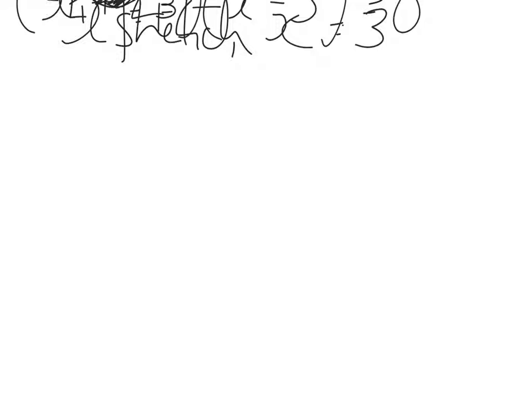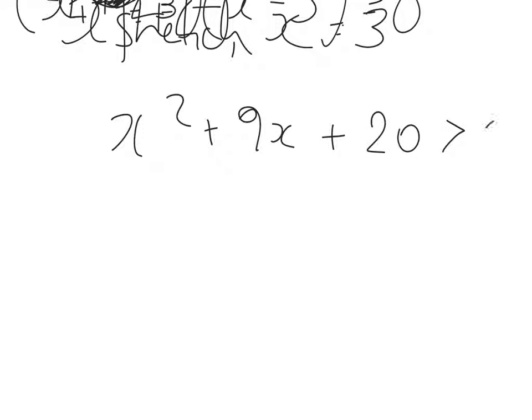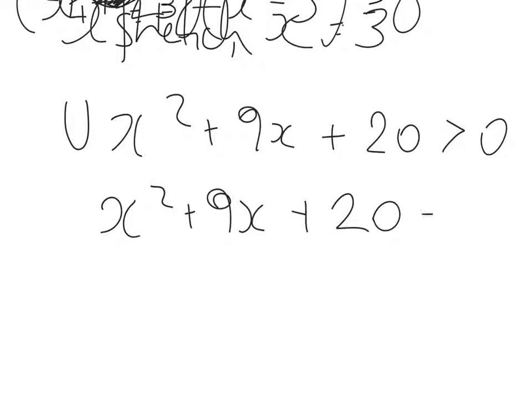Okay, this time we're going to solve x squared plus 9x plus 20 is greater than 0. So again, positive x squared, it's a U-shaped parabola. I'll find the roots. x squared plus 9x plus 20 is equal to 0. Two numbers that multiply together to give 20 and add to give 9 are 4 and 5.